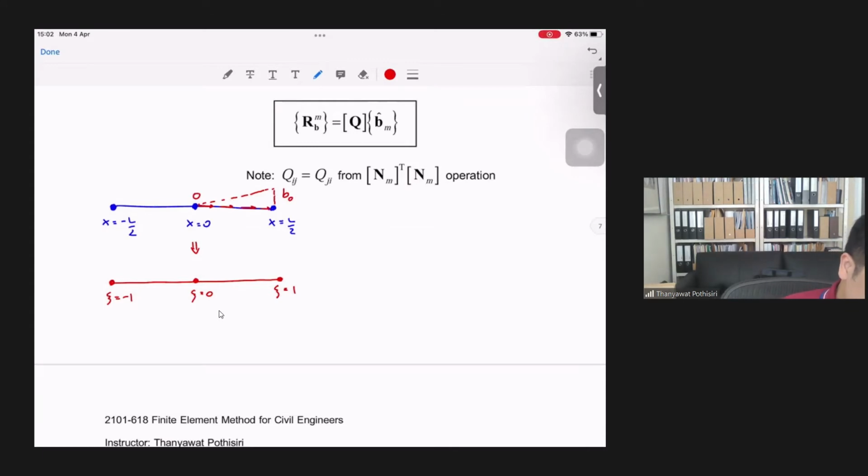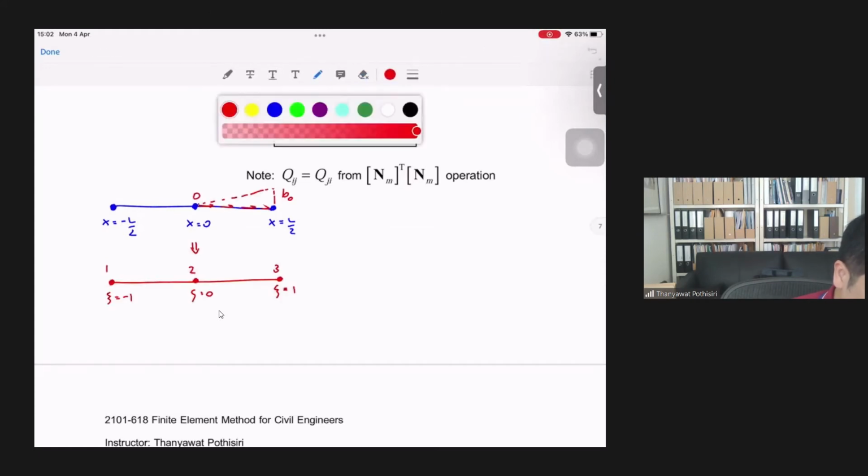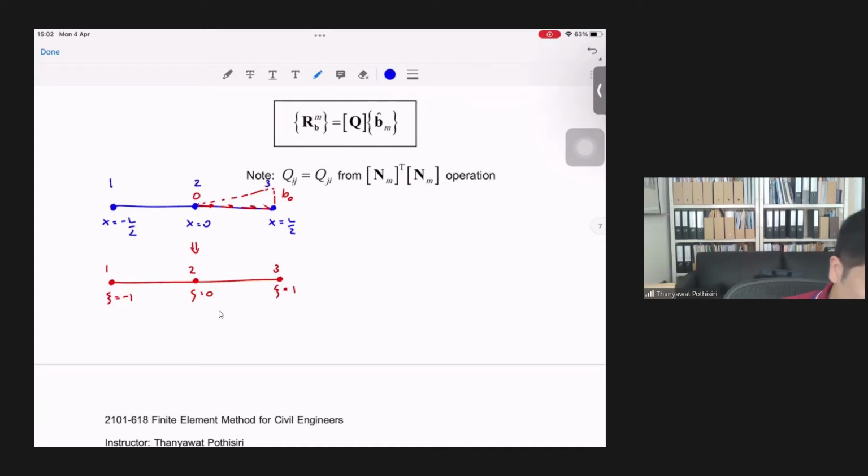Let's call this node 1, 2, 3. So for example, if I want to compute an equivalent body force at node 1, at this node right here.